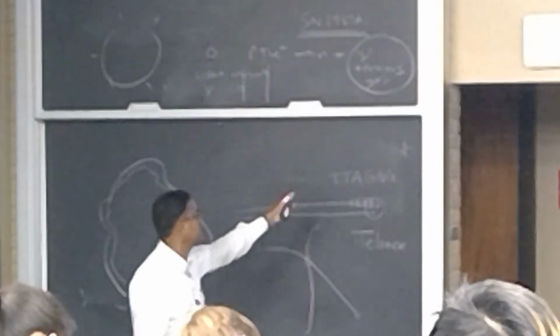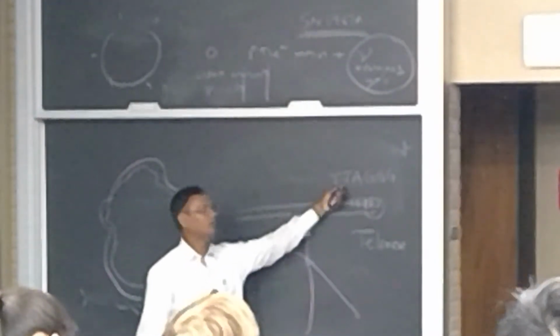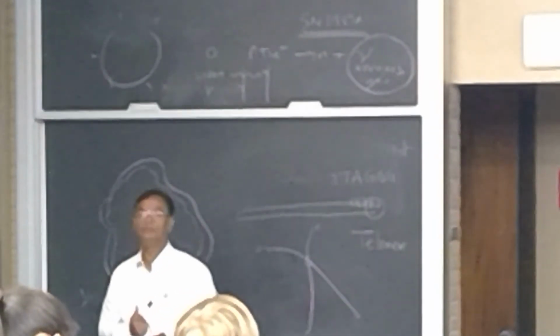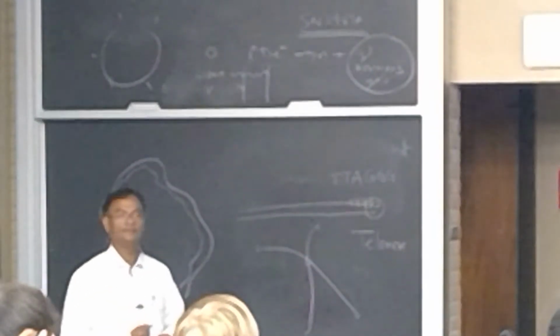The size of this repeat could vary anywhere between 200 to 3000 repeats at the end of the DNA.